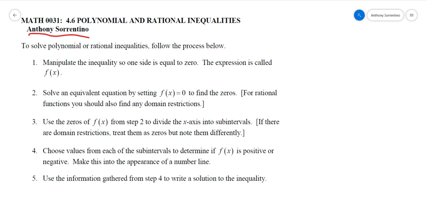You also, for rational functions, and this is important to note, want to find any domain restrictions. The reason is, if you remember the procedure we did for absolute value inequalities, once we found our solutions, we would put those on the number line, and that would split my number line into however many regions or sections, and I would test values from each of those sections to determine what's going on with the inequality as a whole.